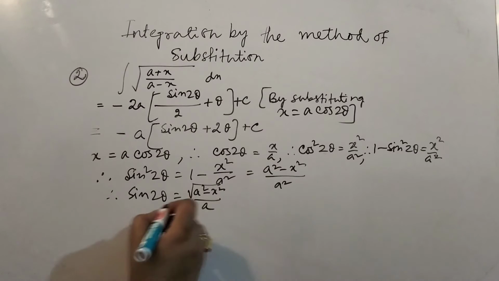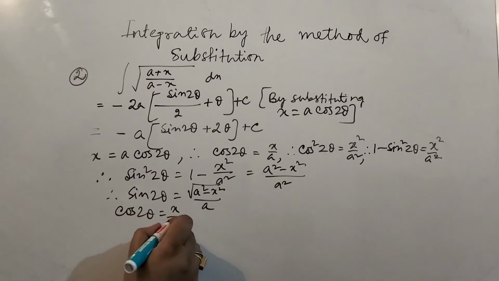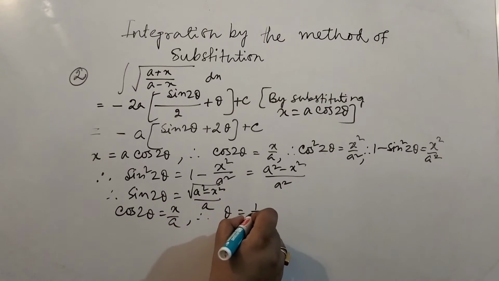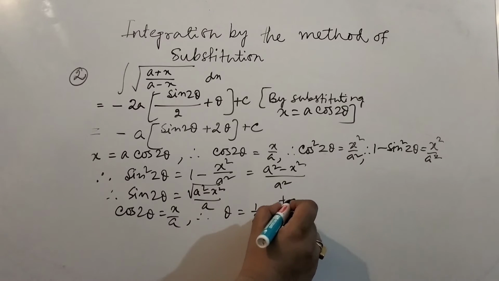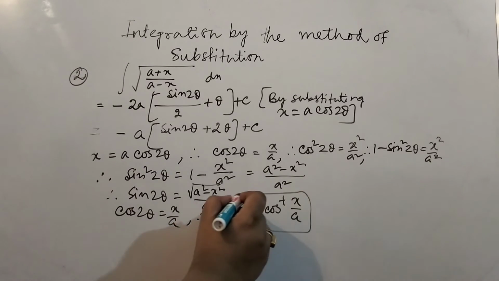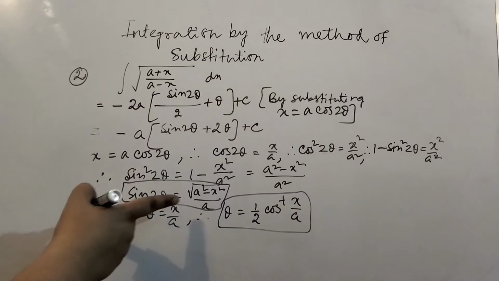And we get that cos 2 theta is equal to x by a from our substitution. So theta is equal to half cos inverse x by a, right? So here this theta and this sine 2 theta will be replaced in terms of x.